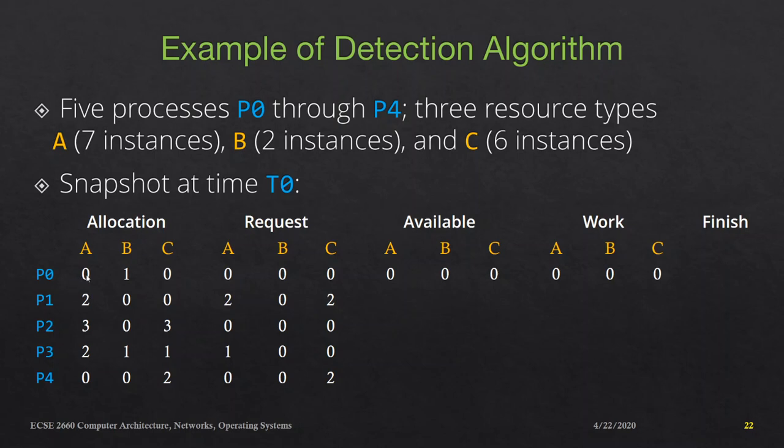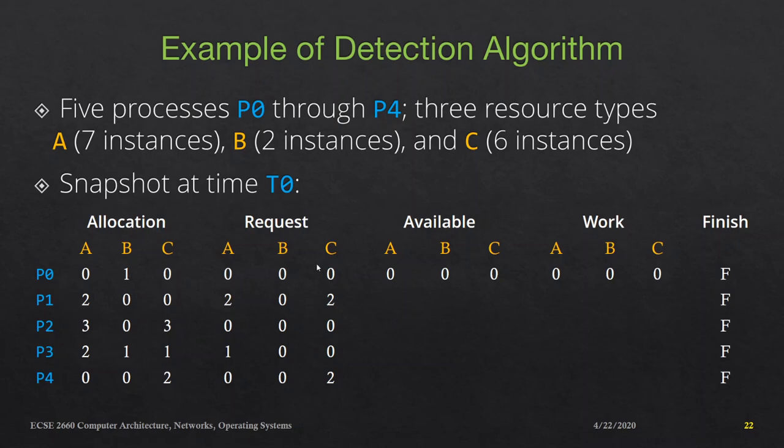Well, P0 is 0, 1, 0. No. P1 is 2, 0, 0, then 3, 0, 3, 2, 1, 1, 0, 0, 2. So none of them is 0, 0, 0. So we are going to say false for all of them. So all of them need to be worked on.